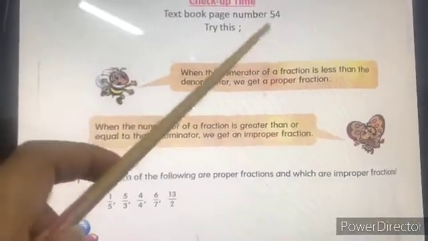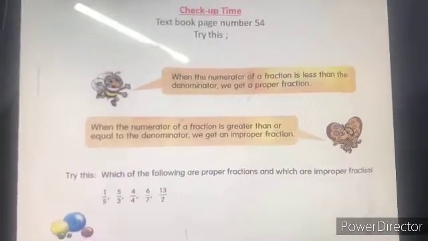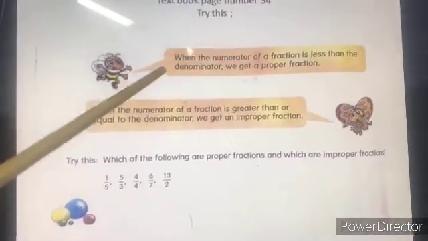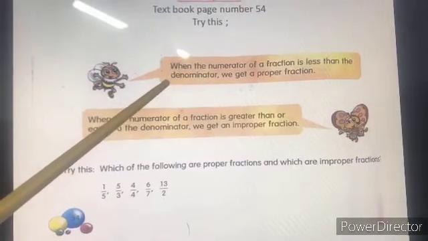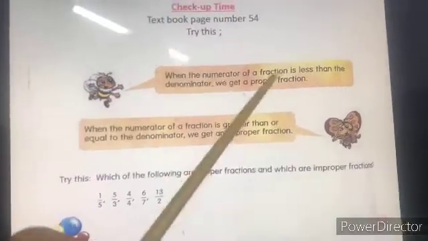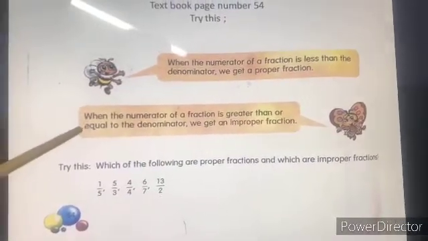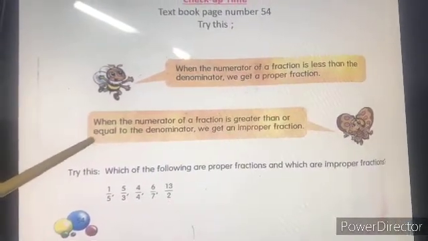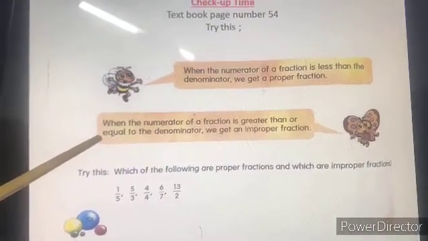So all of you are using your textbooks. See on page number 54. Yes, this is a checkup time. Before doing checkup, I'll remind you that when the numerator of a fraction is less than the denominator, then that will be a proper fraction. And when the numerator of a fraction is greater than or equal to the denominator, we get an improper fraction.